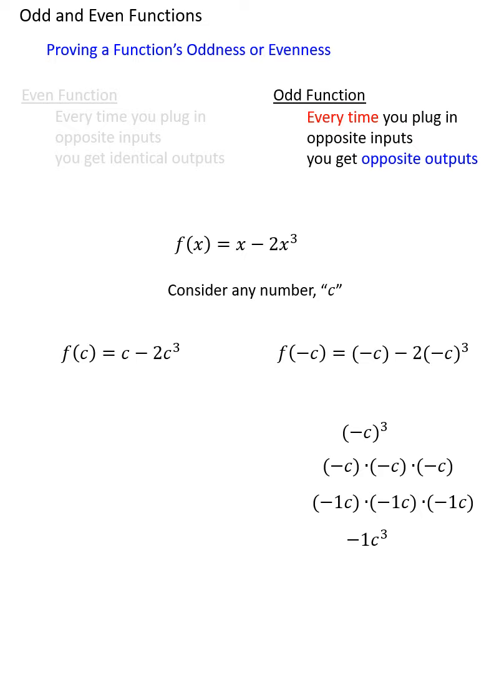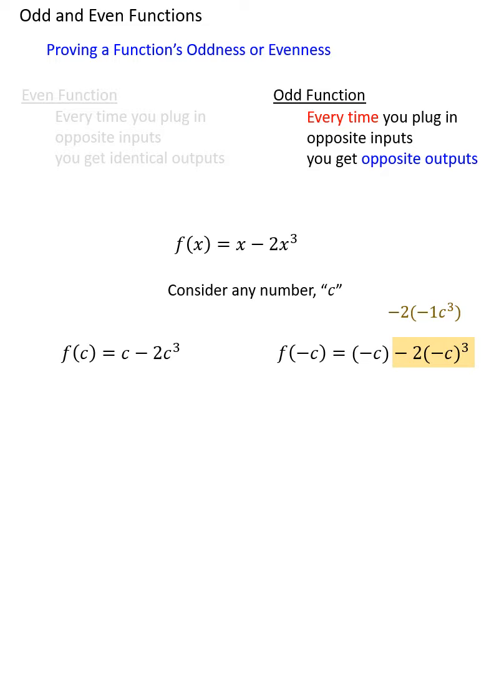And therefore, this works out to negative 1c cubed. Well, what that means is that this expression in the box here is equivalent to this. And therefore, this expression simplifies to that. I'll pause while you convince yourself of the algebra.